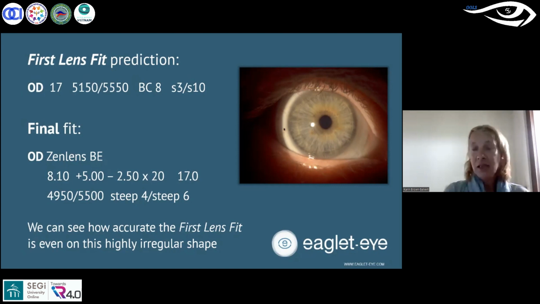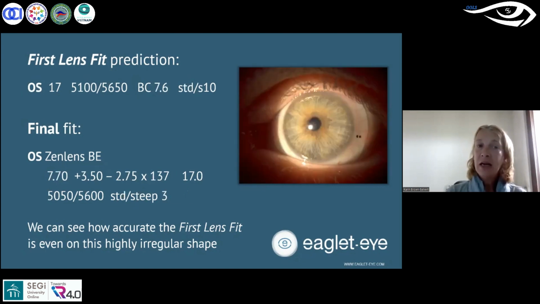So you can actually see how accurate the first lens fit was, even on a highly irregular shape. In this case, 2 lenses rather than the 8 or 9 that you might have had to try without this data. Again, for the left eye, the predictions were really close. The prediction was 5,100, 5,600.